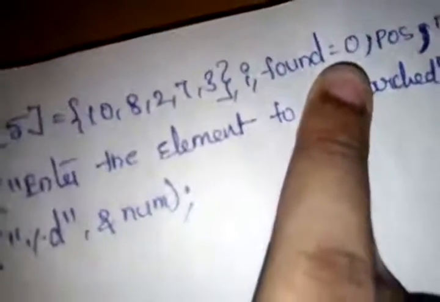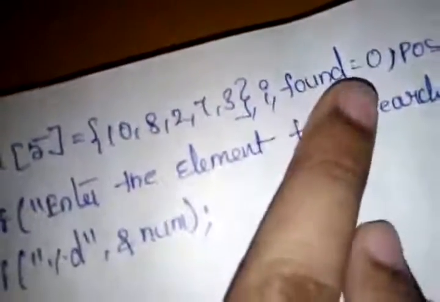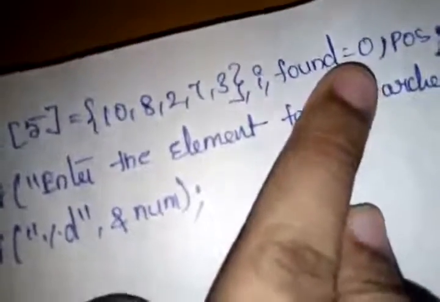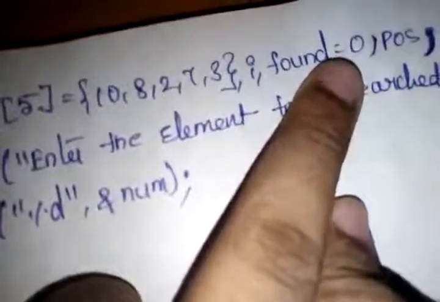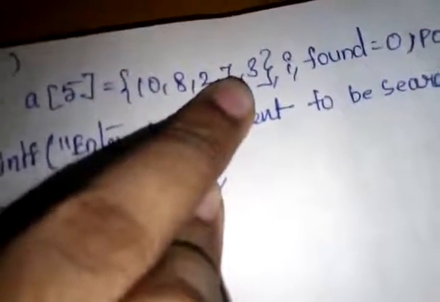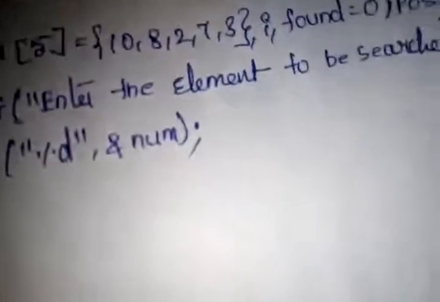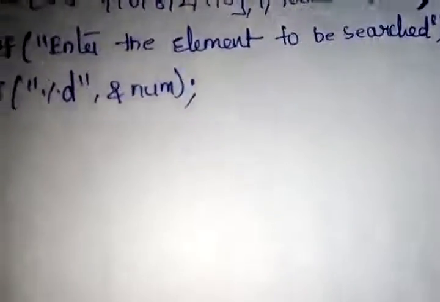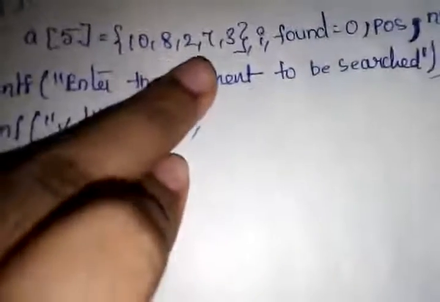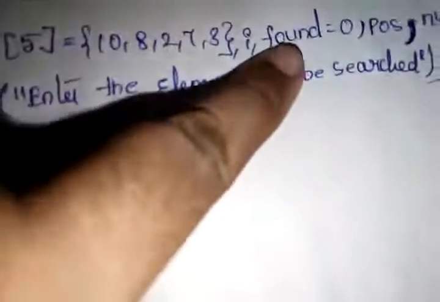If the element we are going to search is found in the array, then we make this found value 1. Finally, if the element is not found in the array, we need to display to the user that the element is not found. To confirm that the element is not found, we make use of this variable.